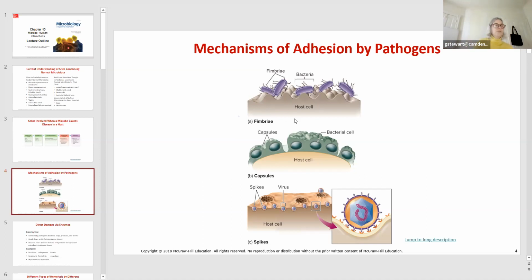And I would remind you of some of the structures that help bacteria stick or adhere. Would be if the bacteria have fimbriae, if they have a capsule, and of course viruses with their spikes that are specific for receptors on the host cell.